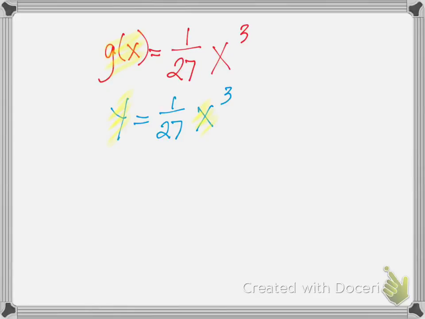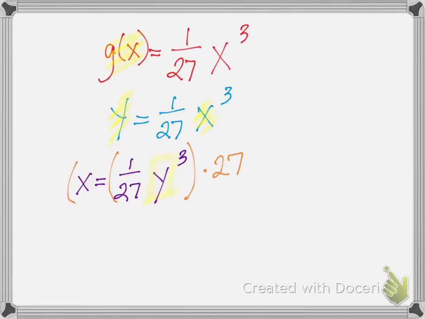So I'm going to write this as x equals 1/27 y cubed. Now I want to get y by itself, so I want to isolate my y. In order to get rid of the 1/27, I can multiply each side by its reciprocal, which would be 27. And so when I do that, my 27s will cancel. And I can say that 27x equals y cubed.